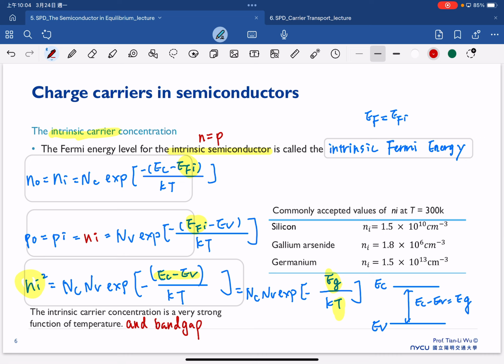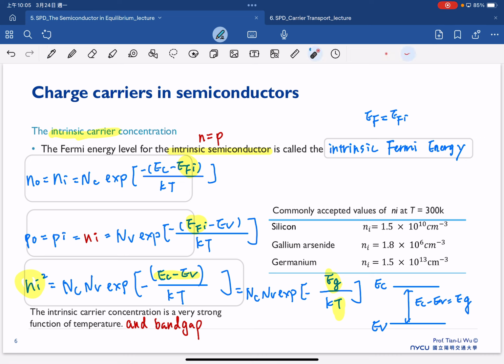So what you need to know is that the intrinsic carrier concentration highly depends on our band gap, and that means different materials with different band gaps will have different intrinsic concentrations.